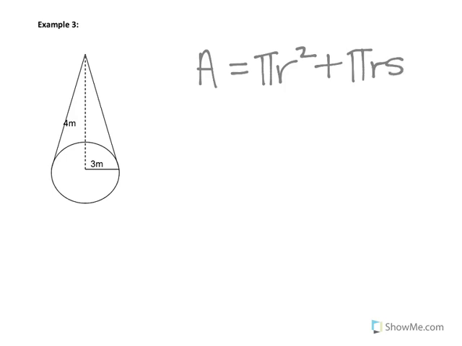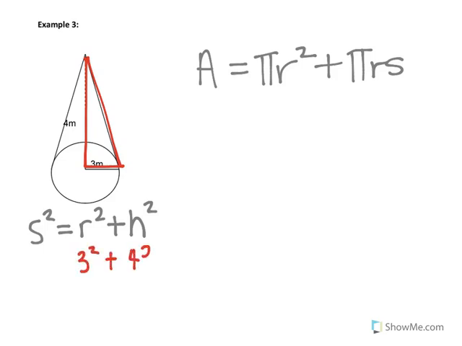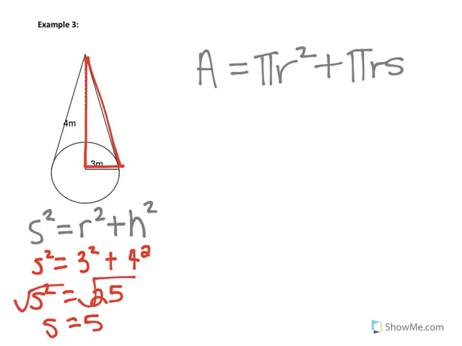So if you don't have the slant, same thing as with the pyramid, we're going to have to go the slant squared is equal to the radius squared plus the height squared, because we're going to use this right triangle right here. So we have 3 squared plus 4 squared. So we have s squared is equal to 25, square root, and we get the slant to be 5.